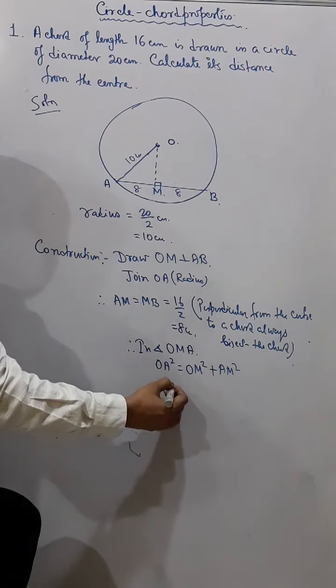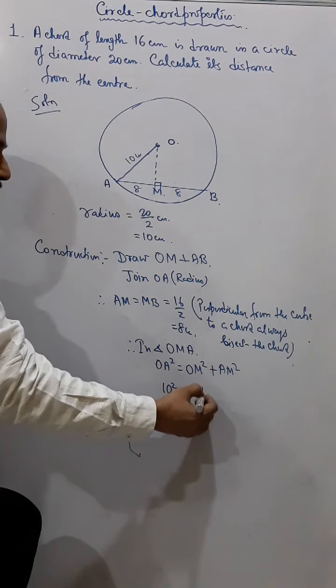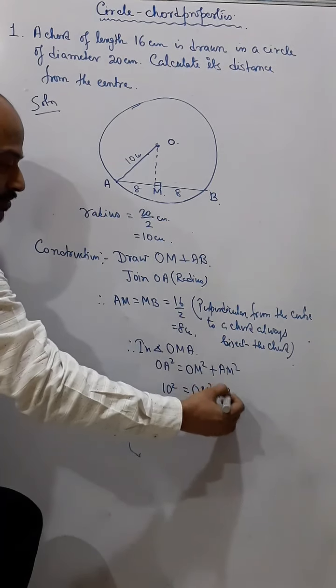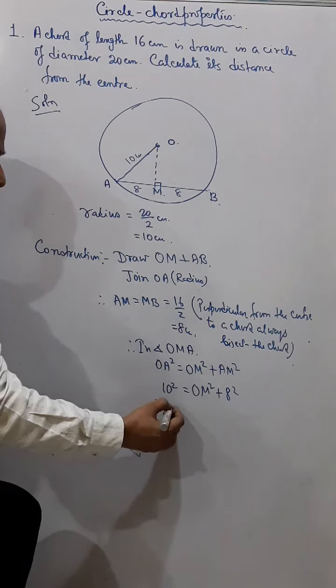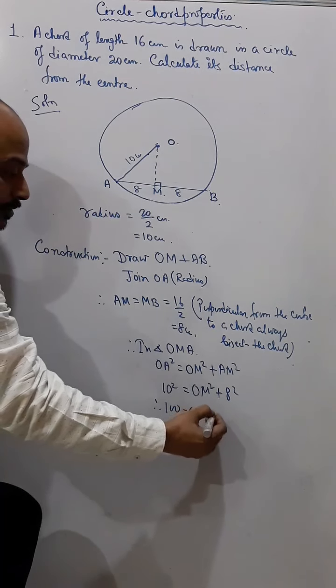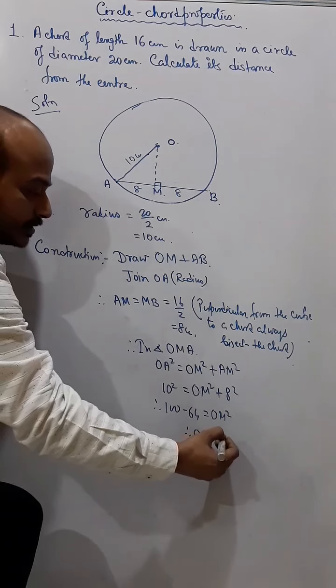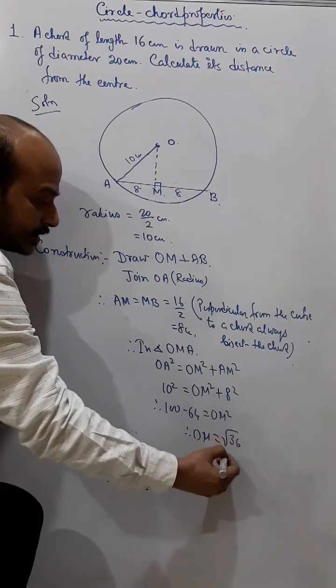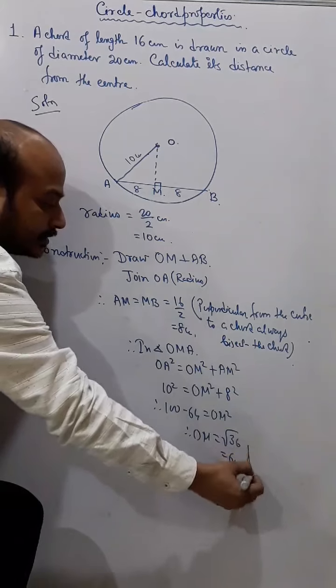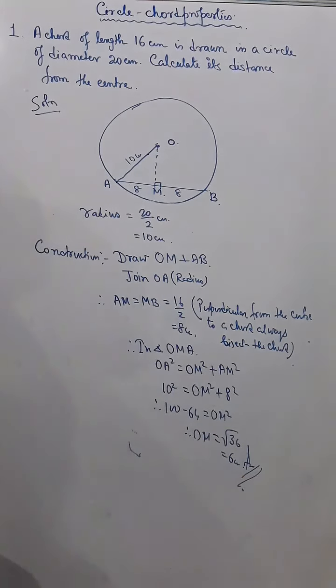OA, that is 10 square, OM we have to find, and AM square, that is 8 square. Understand? So we get 100 minus 64 is OM square. So finally we'll get OM as root over 36, and that will be 6 centimeter. So that is the answer. Okay, understand?